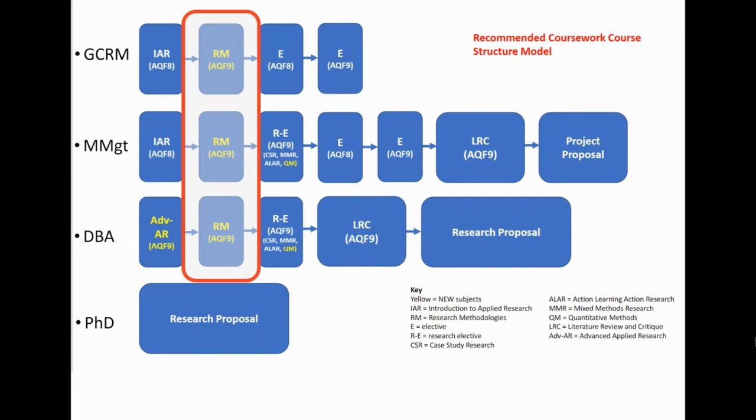Without going into too much detail, the current structure means that the candidates would work through a series of method subjects as compulsory subjects after doing an introductory subject to applied research. And so in the new structure, they will do these core subjects, but then that will guide them towards their choice of elective in which method particularly suits their research topic.